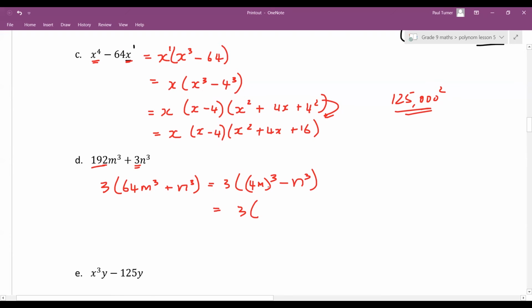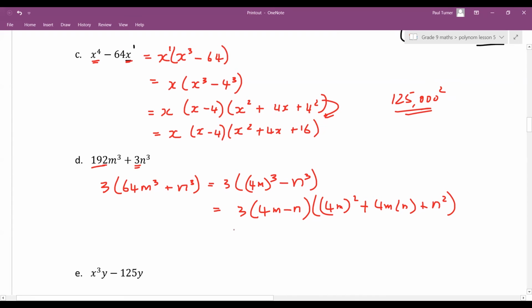So 4m cubed minus n cubed is 4m minus n, like that. And then this is negative, so now in here will become positive. So 4m squared minus 4mn plus n squared.